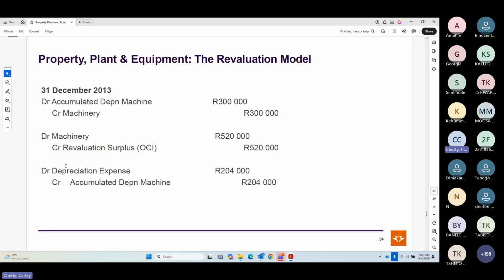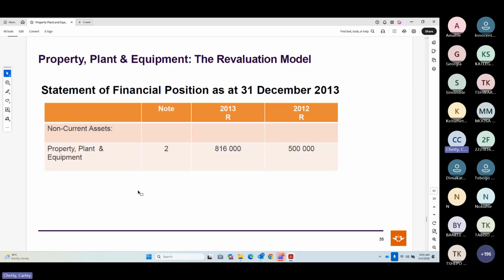So here we are debiting depreciation expense with 204,000, and we are crediting accumulated depreciation machine with 204,000. So this is the depreciation processed after the revaluation. So that is the journals for the revaluation for this question.